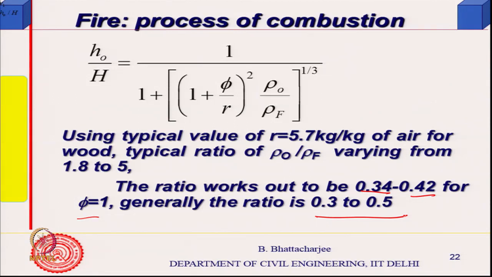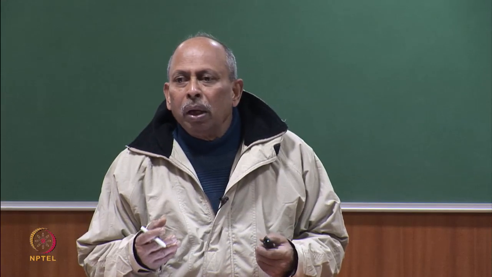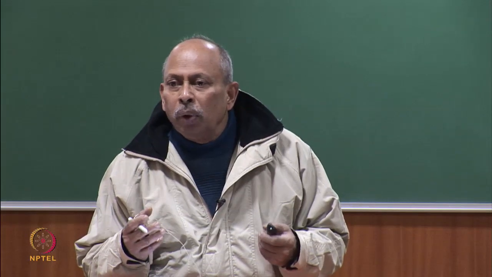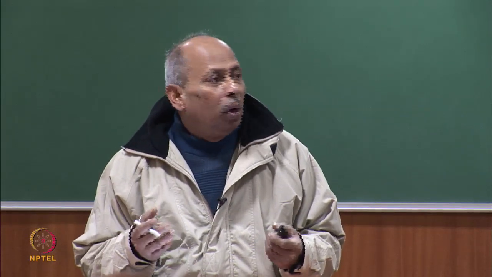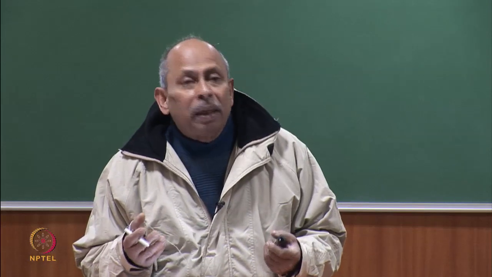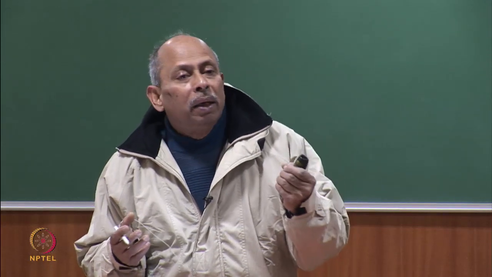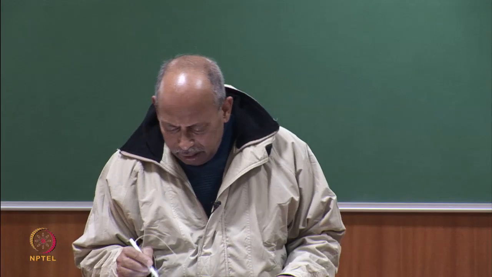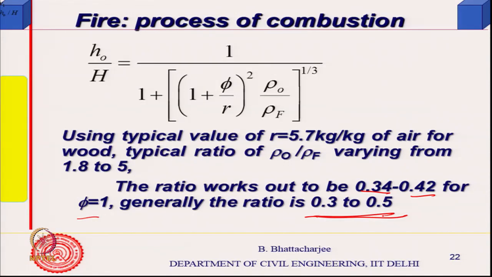It is somewhat higher because burning would actually not burn all products of pyrolysis, something will go as unburnt product of pyrolysis itself. So, taking general empirical values, it has been seen as 0.3 to 0.5. So, H0 by this is 0.3 to 0.5, all right.